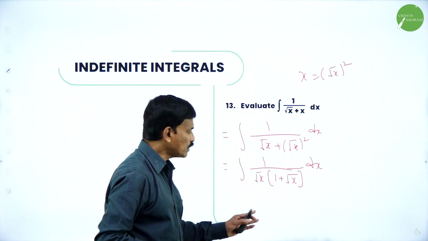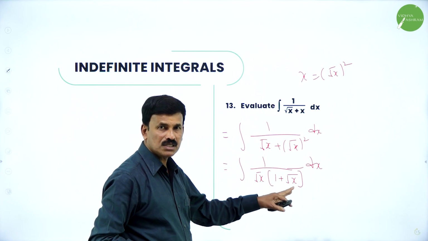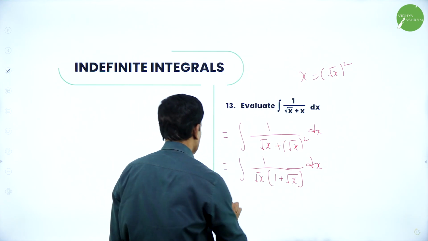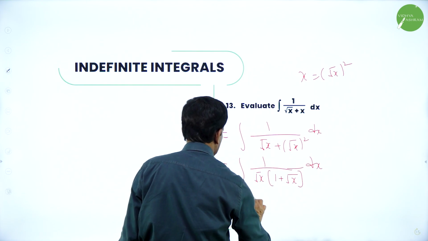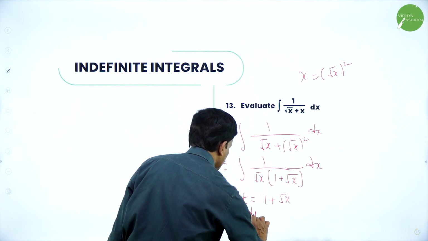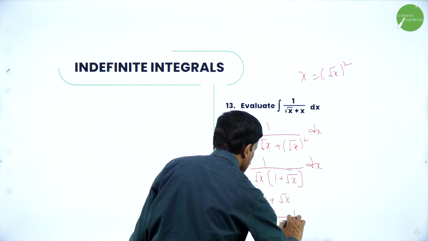See, if you multiply root x into 1 is root x, plus root x into root x is root x whole square, which is nothing but x itself. Now, you can take the substitution. Put t is equal to 1 plus root x. Now, differentiate it. dt is equal to differentiation of root x, which is 1 over 2 root x into dx.